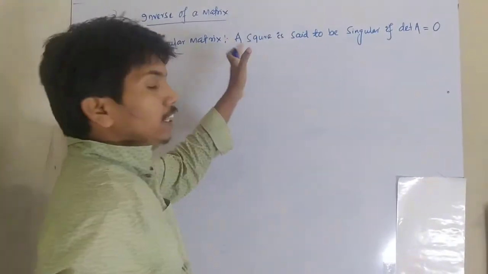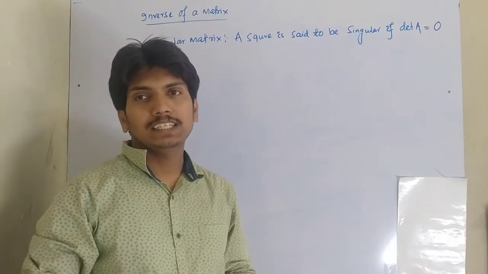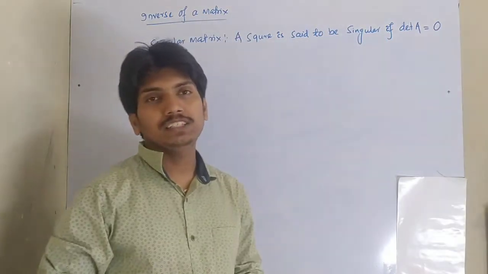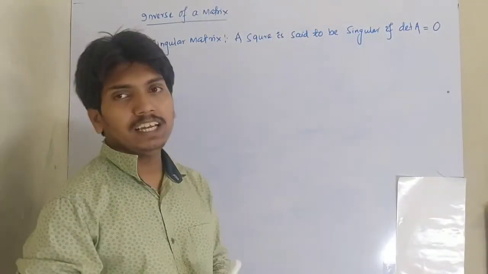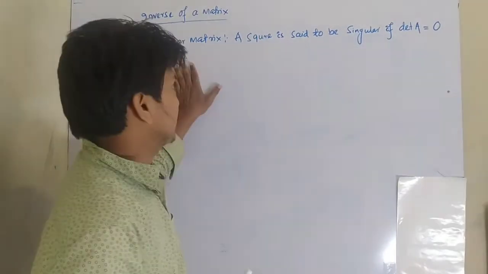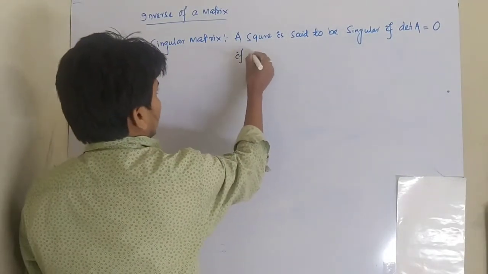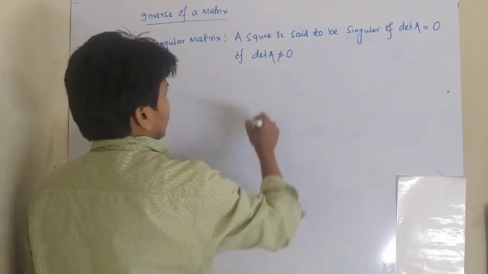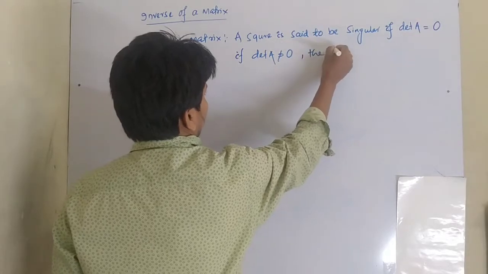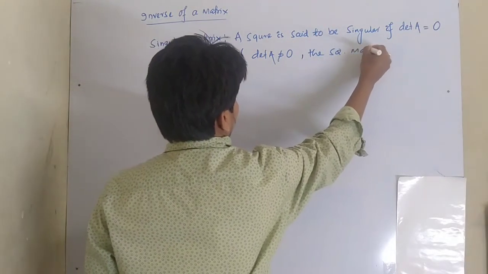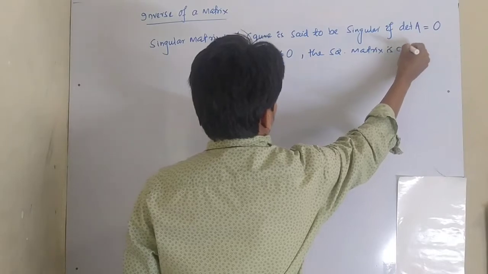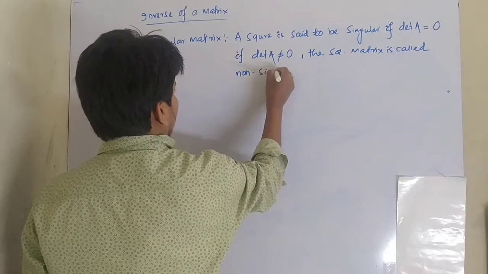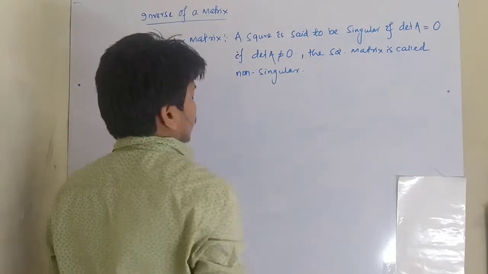That means if for a square matrix named A the determinant value is 0, then that is a singular matrix. And if determinant A is not equal to 0, then the square matrix is called non-singular.